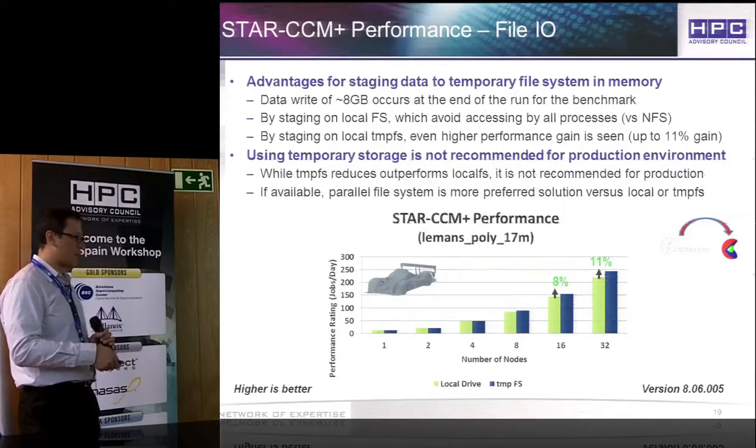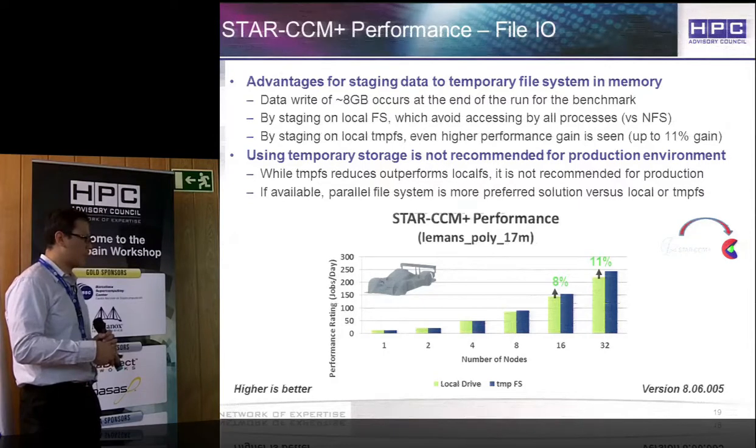So local drive is the spindle drives that I have on each one of the systems. The tempfs here that I mentioned is actually /dev/shm, shared memory, in the memory. So the difference does not appear to be a lot, but it gradually increases as you scale out.